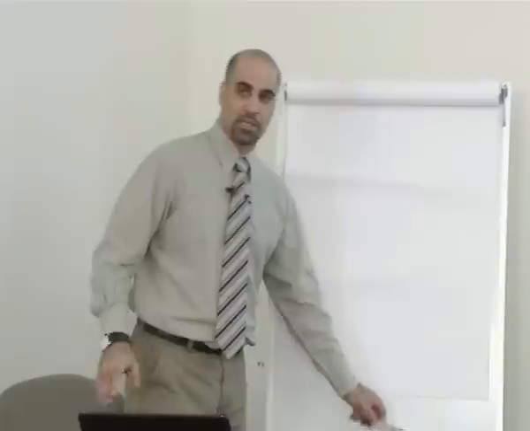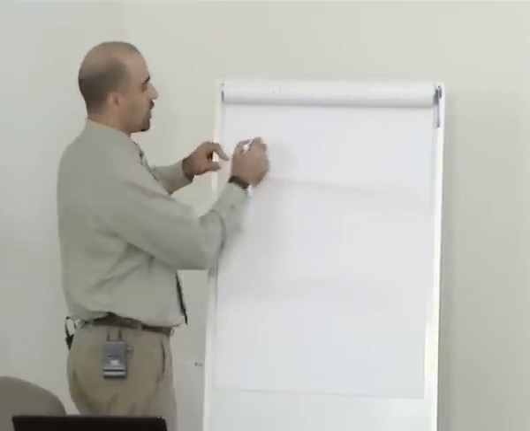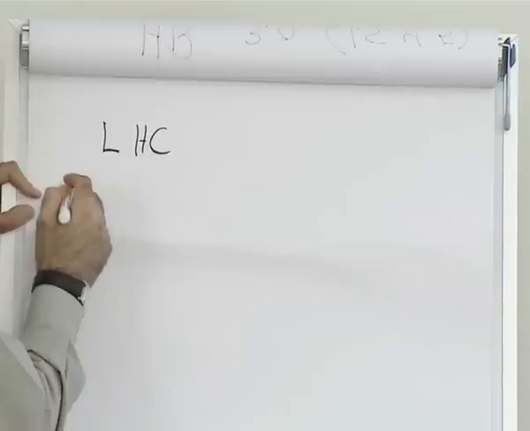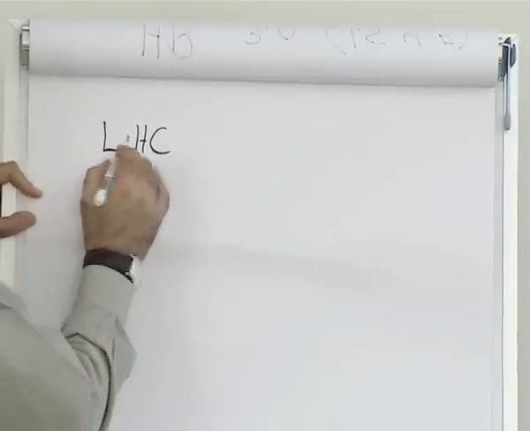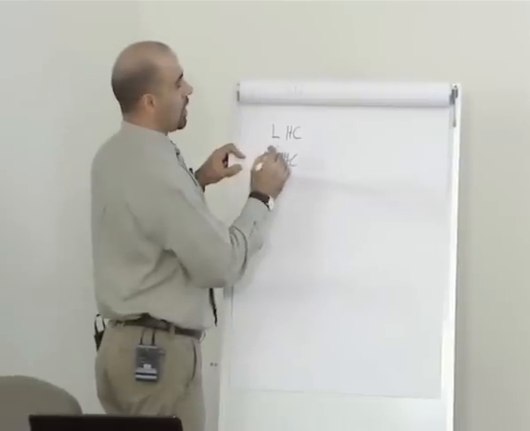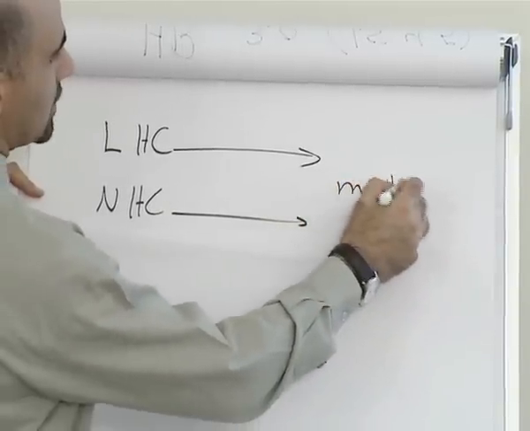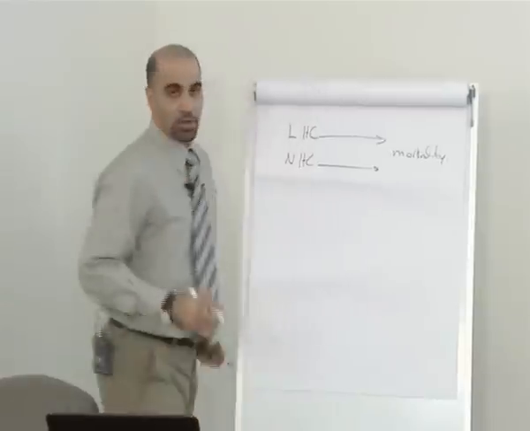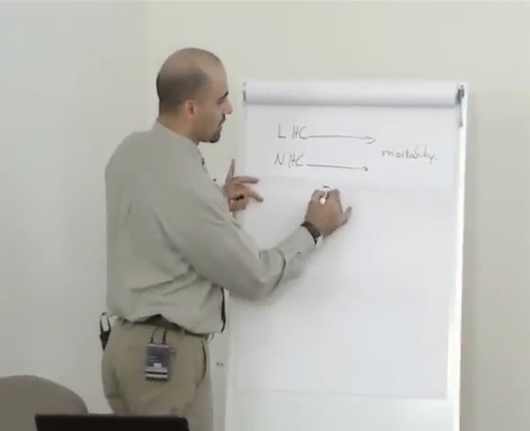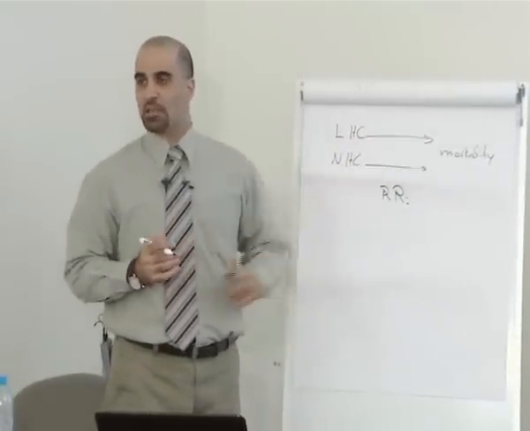Since it's a clinical trial, I have people with low-dose hydrocortisone, I will call it LHC, and people with normal dose hydrocortisone. And the outcome is mortality. I'm expecting a relative risk to show the association between this and mortality.